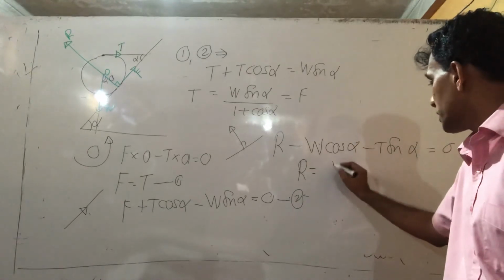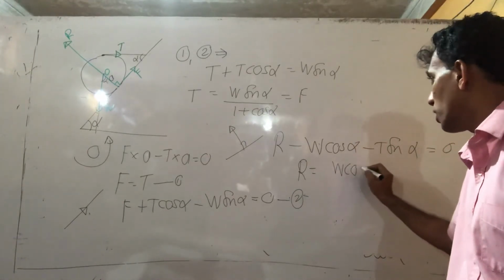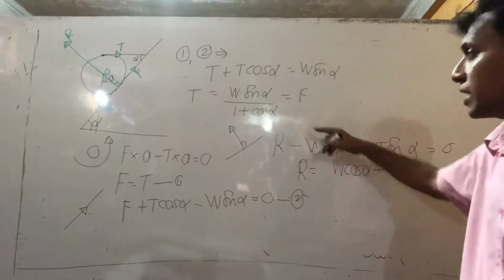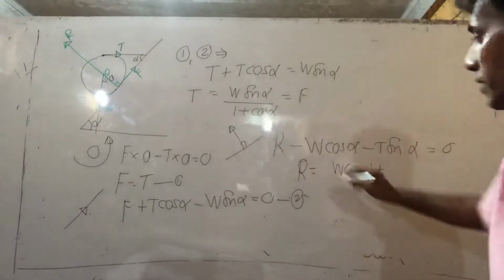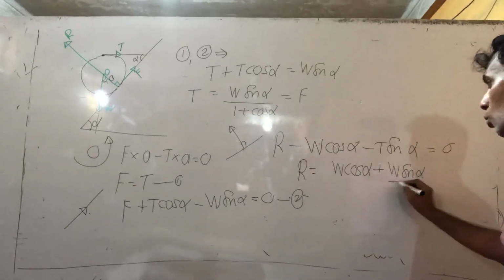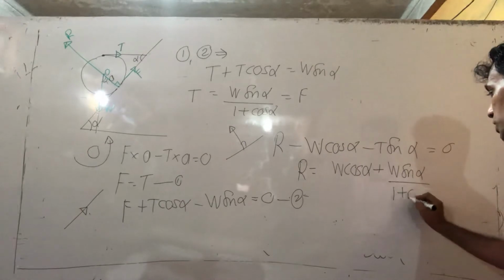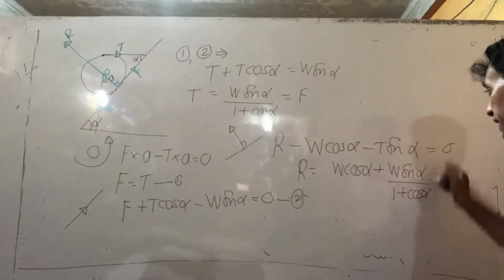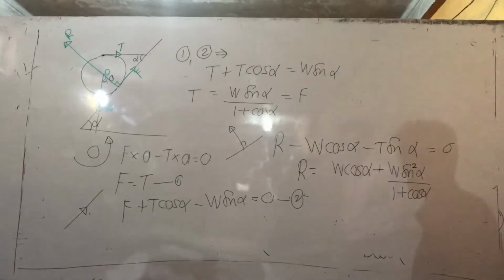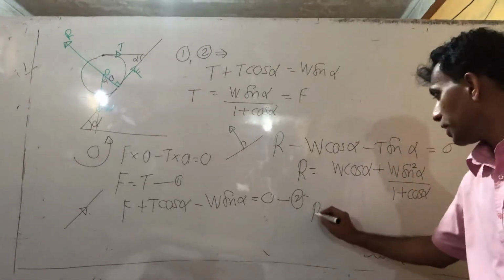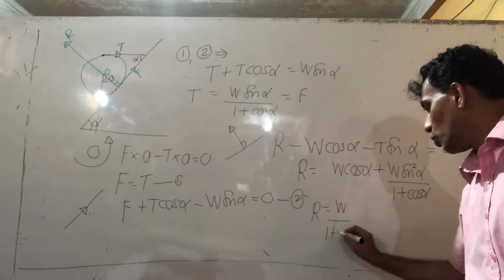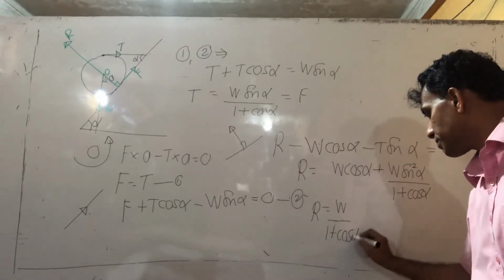What is our answer? W cos alpha plus T sin alpha. What is your T? W sin alpha over 1 plus cos alpha, into sin alpha. Can I say sin square alpha? Therefore R equals, take the W out and simplify this.